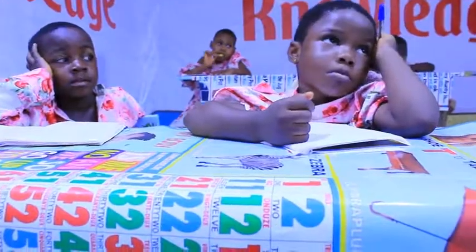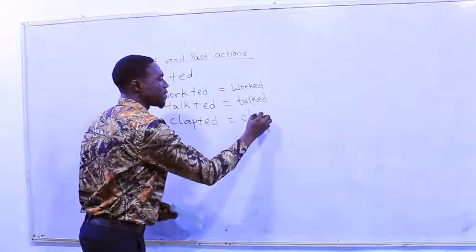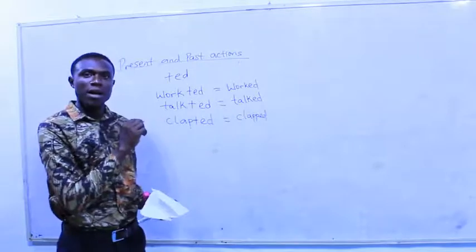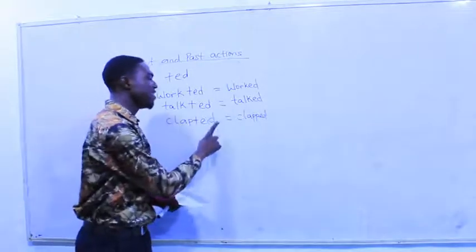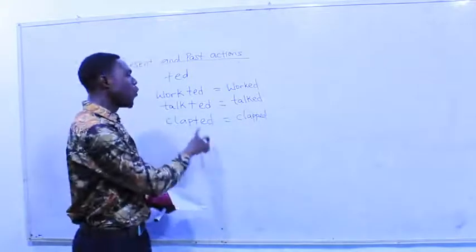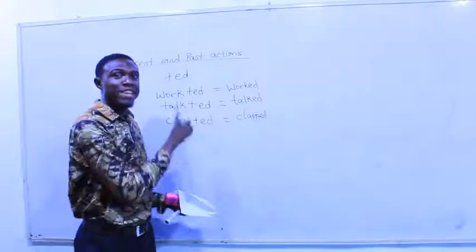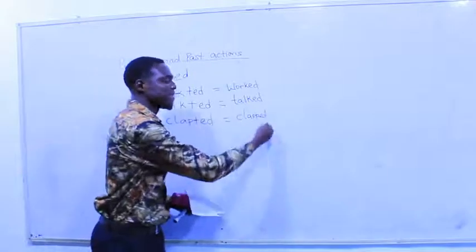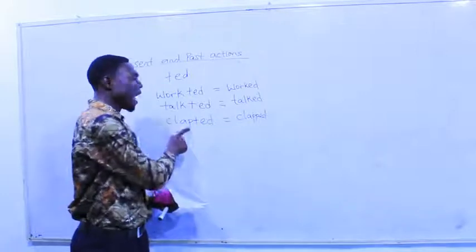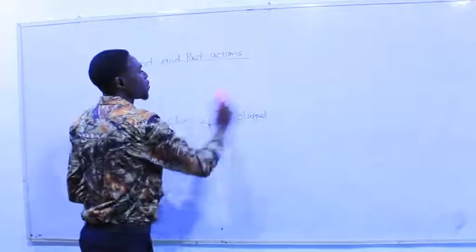When you add ed, it becomes clapped. But listen, in clap, if you want to change it to past action, you add another p to it. It becomes what? Clapped. That is the past tense of clap. Do you understand?